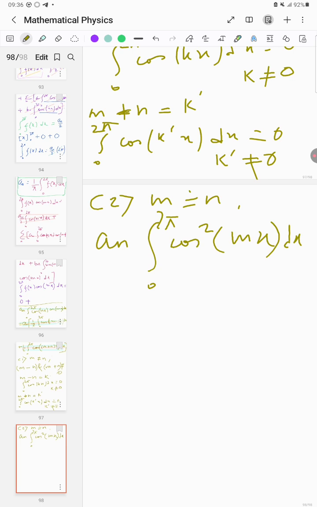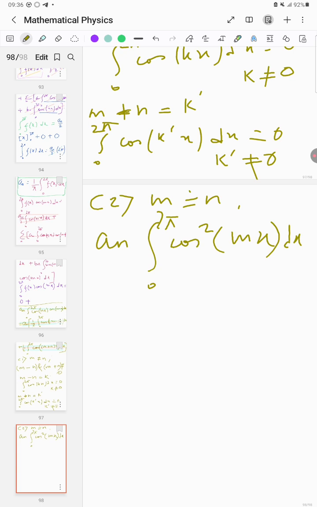So now we know that cos square theta can be written as half of 1 plus cos 2 theta. You must have read it in your earlier classes that cos 2 theta is 2 cos square theta minus 1, right?